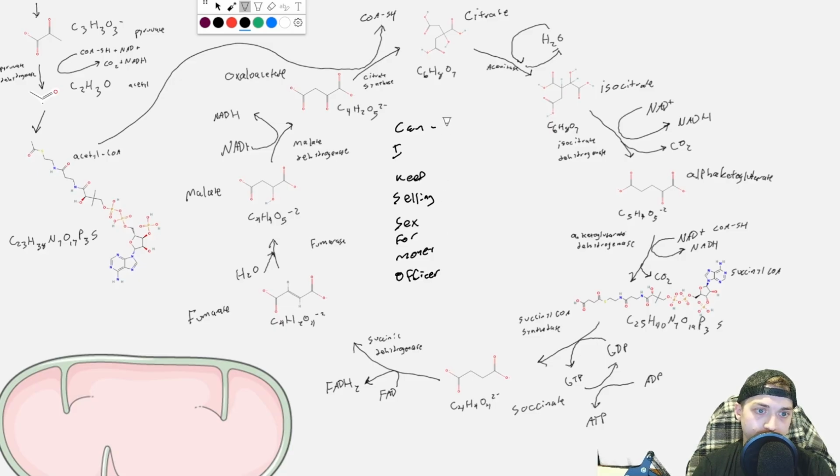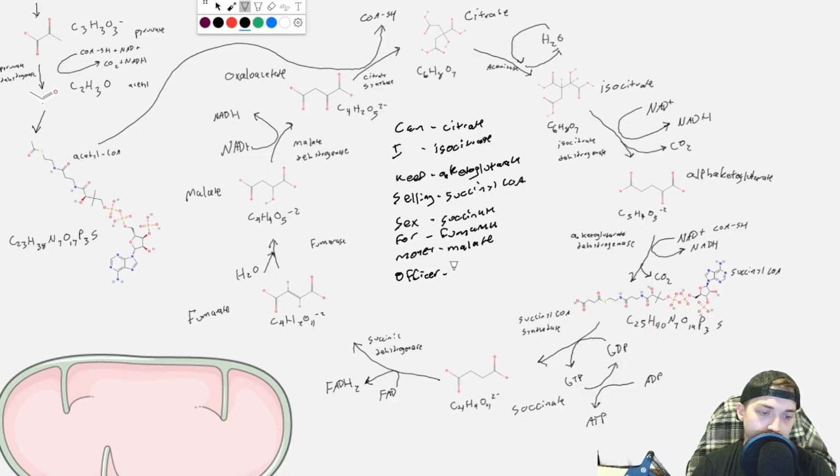So remember, we have citrate, isocitrate, alpha ketoglutarate, succinyl-CoA, succinate, fumarate, malate, and oxaloacetate.